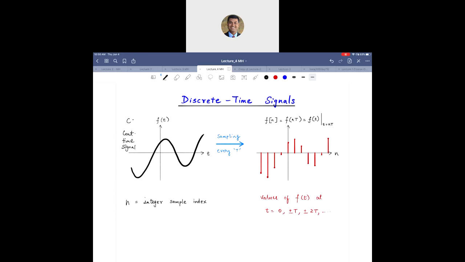CT, continuous time signal. F of t, the x-axis is time. T is the continuous time variable.